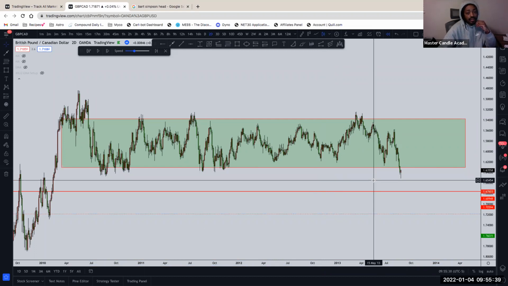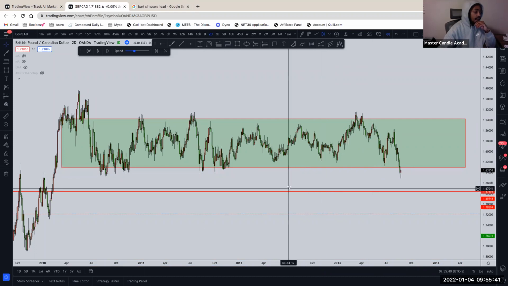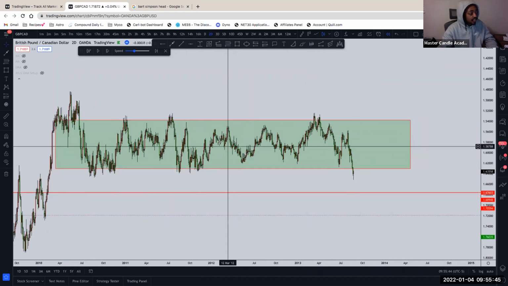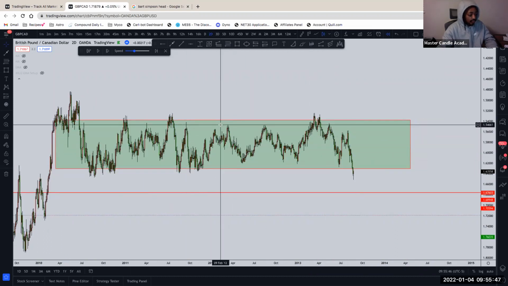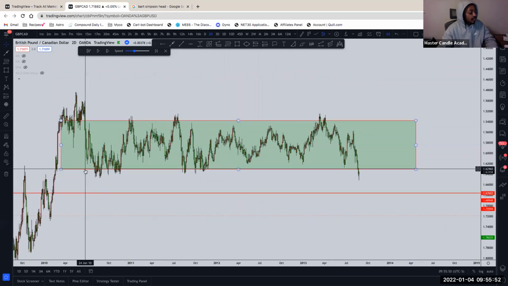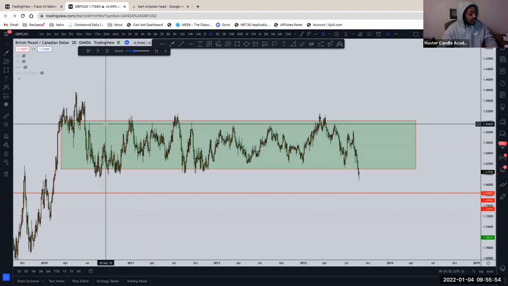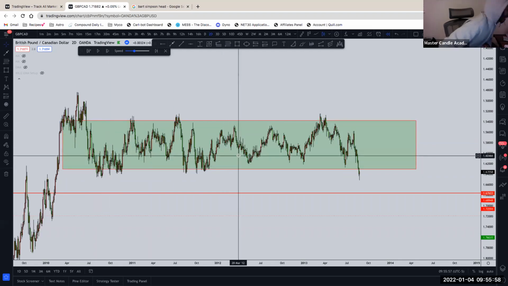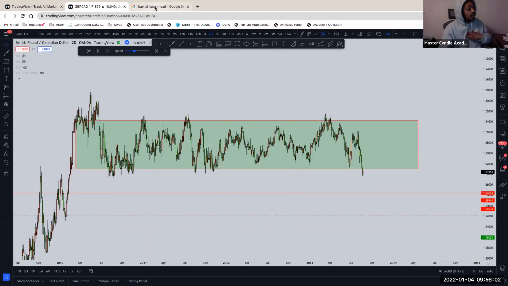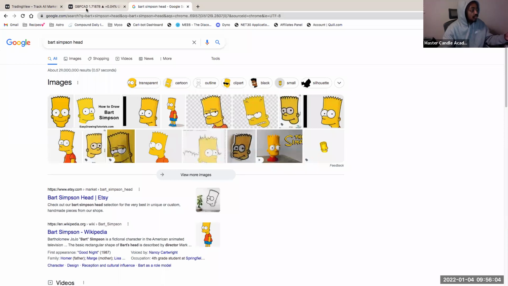Support and resistance, right? All I'm trying to do is identify support and resistance of my consolidated zone. When you get an idea of where your baseline support and baseline resistance are, you box it up, AKA launch pad, however you guys want to call it. But now we know it's Bart Simpson.